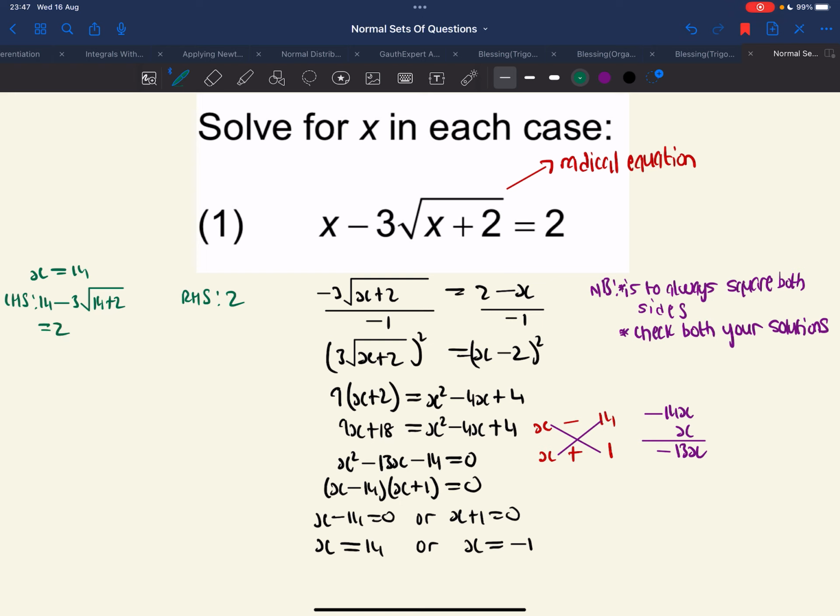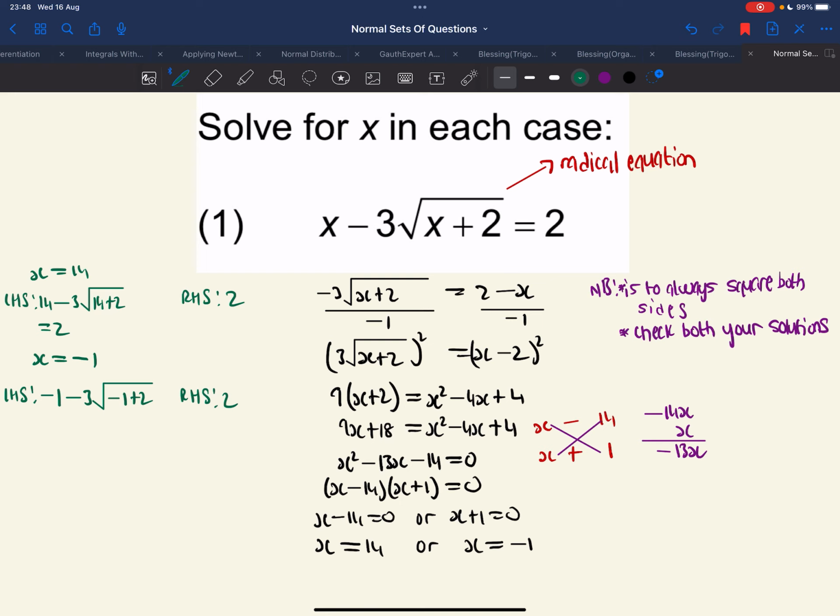So here we do get 2. And then when x equals minus 1, let's see the left hand side: minus 1 minus 3 square root of (minus 1 plus 2). Our right hand side is still 2.